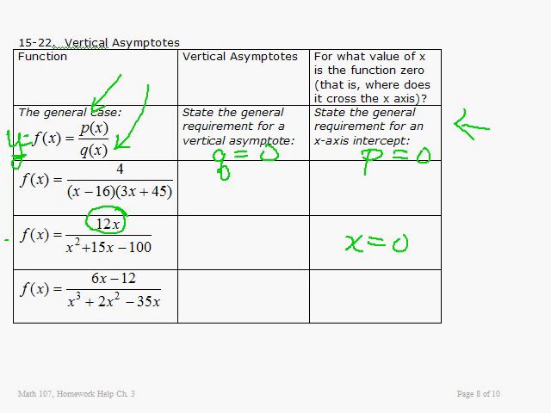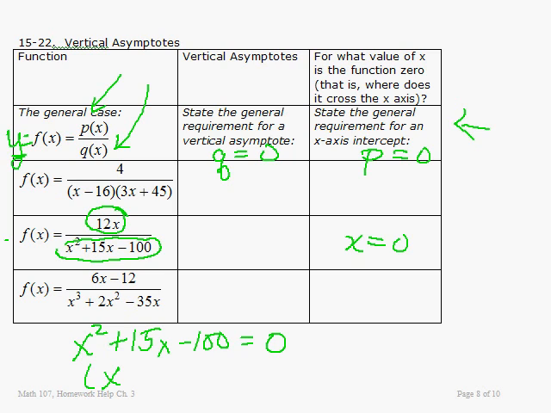Now in the denominator, I need to find a value of x, or values of x, there's going to be 2 of them, that would make this 0. So you set it equal to 0, and okay, you might have to factor it. So what 2 numbers multiplied together give you minus 10, added together give you 15?